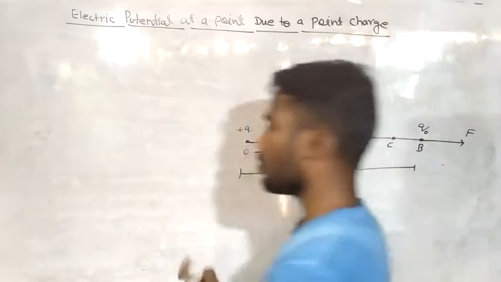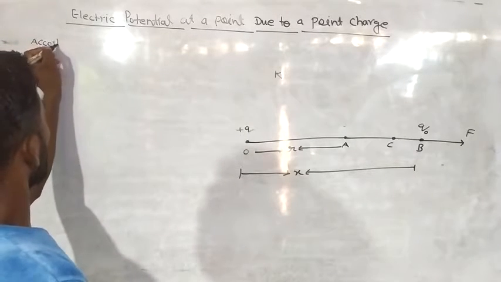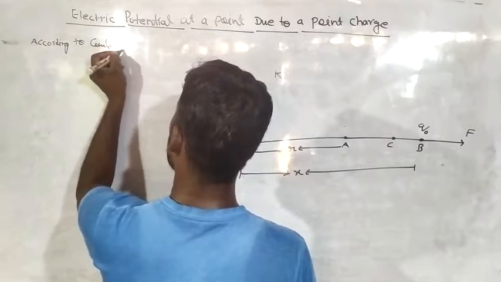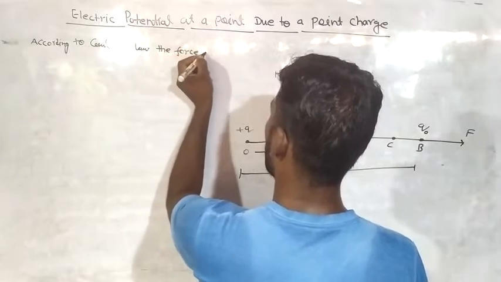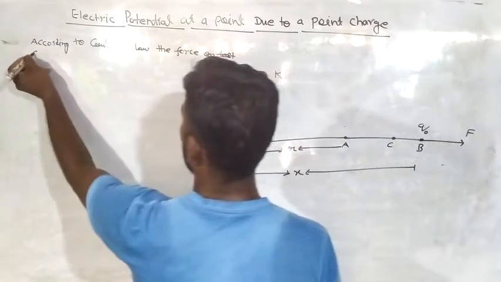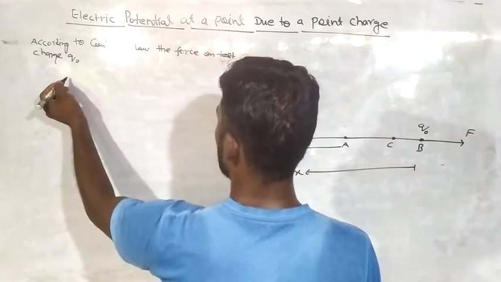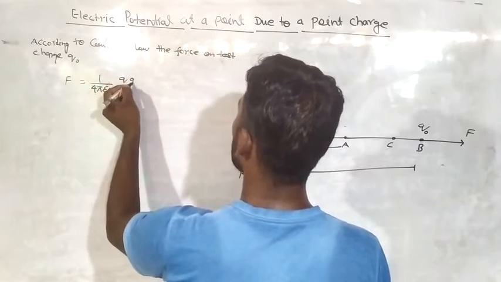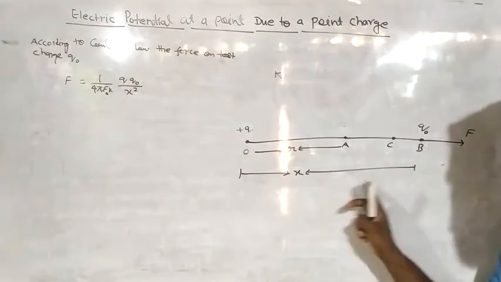So the force on test charge Q naught, F, will be equal to 1 upon 4 pi epsilon naught K, Q Q naught divided by x square, where the distance between the two is x.